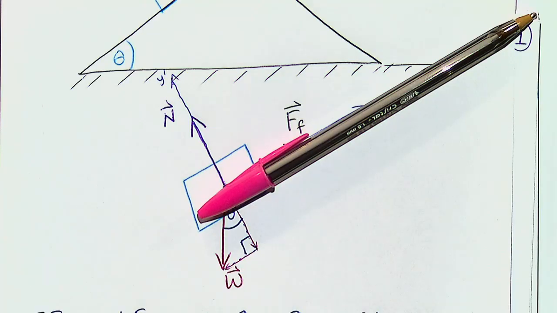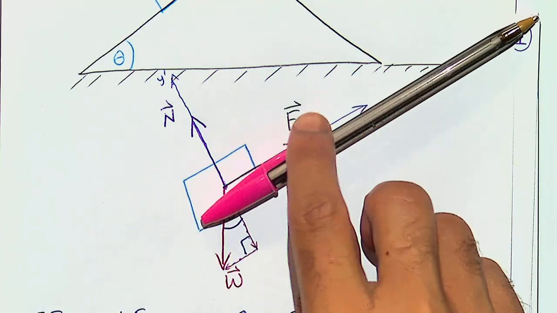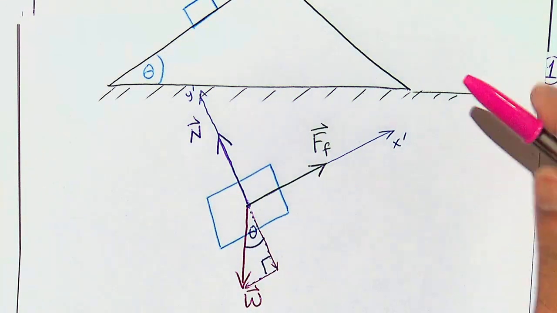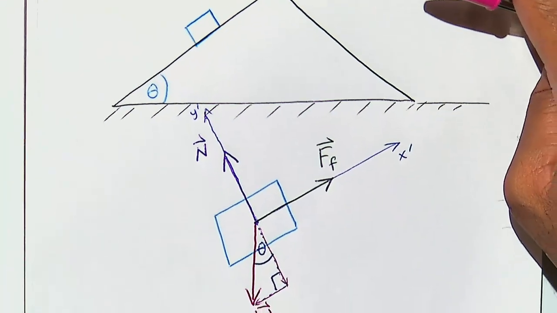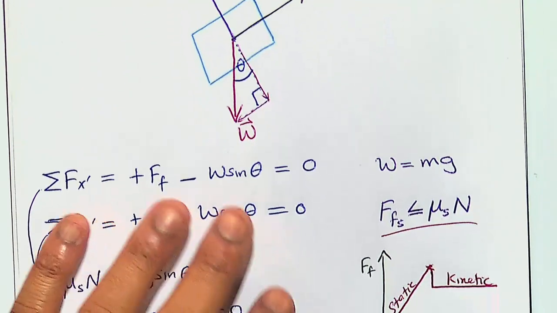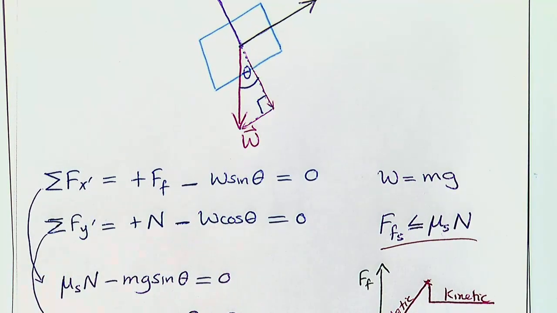So x and y can point this way, or this way, or any orientation you'd like, as long as each of them is 90 degrees to each other. So if you didn't rotate the coordinate system, no problem. Then just be careful when you're doing F equals ma, you'd have to have components. Normal force has components.